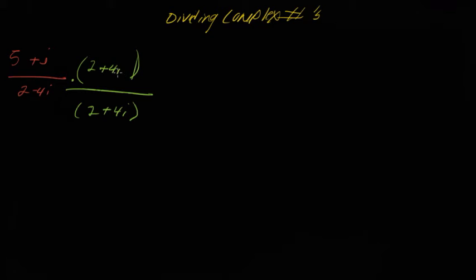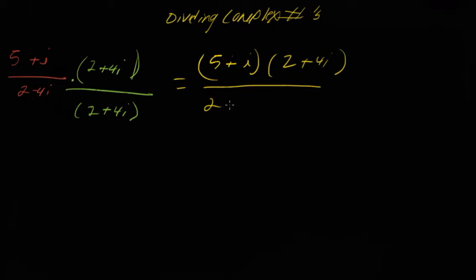Okay? So basically, we're going to hit the FOIL method here because this will be equal to 5 plus i multiplied times 2 plus 4i, divided by 2 minus 4i multiplied times 2 plus 4i.